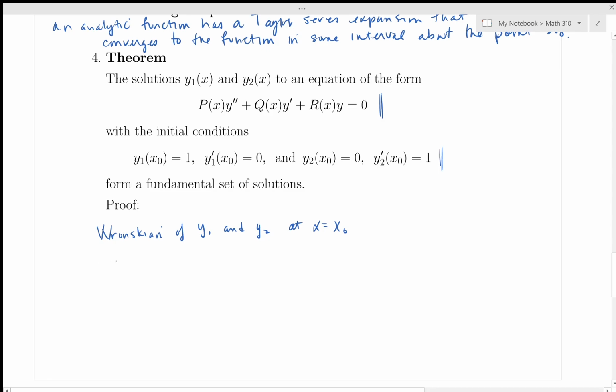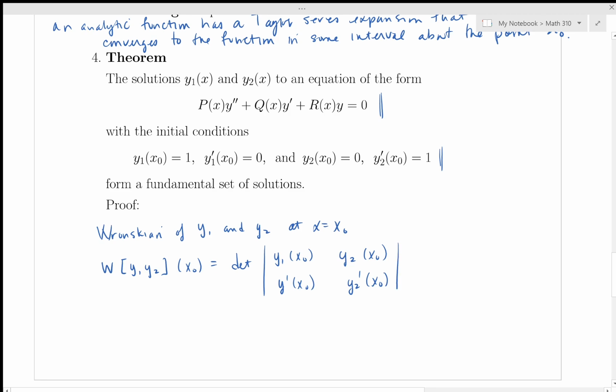Well, that Wronskian of y1 and y2 is the determinant of, and I want to be super clear here, that is going to be evaluated at x naught, and that is going to be the determinant of y1 at x naught, y1 prime at x naught, and then y2 at x naught, and y2 prime at x naught.